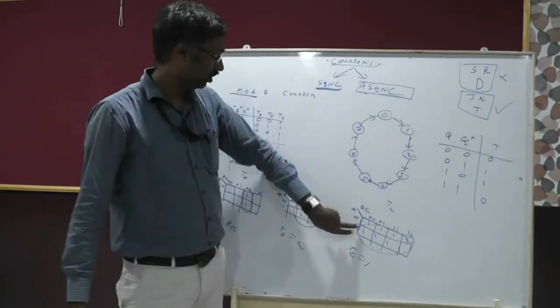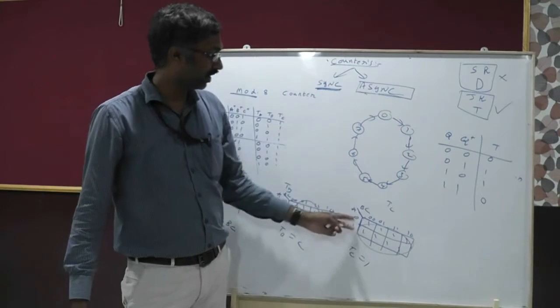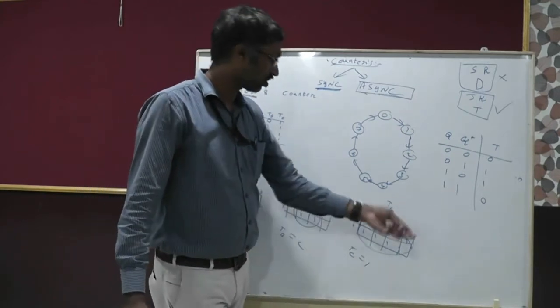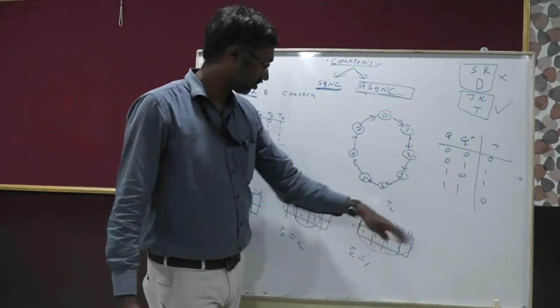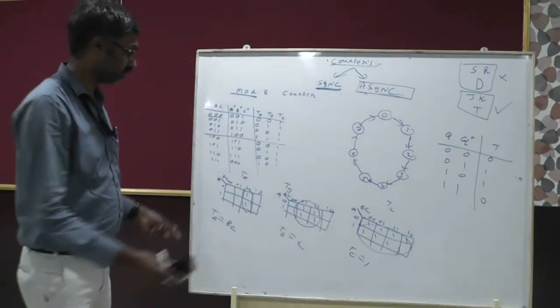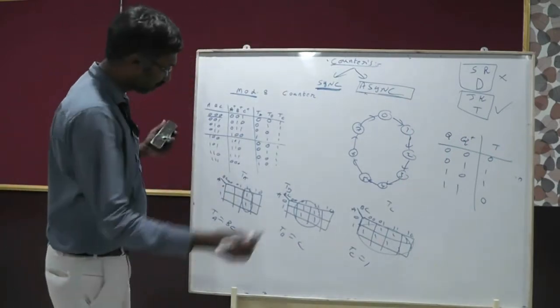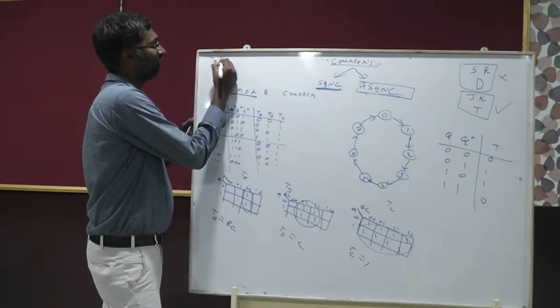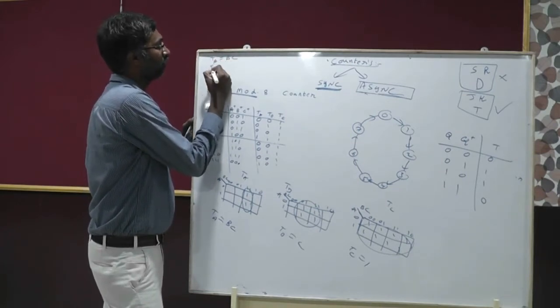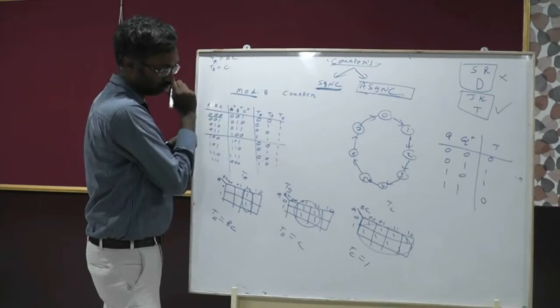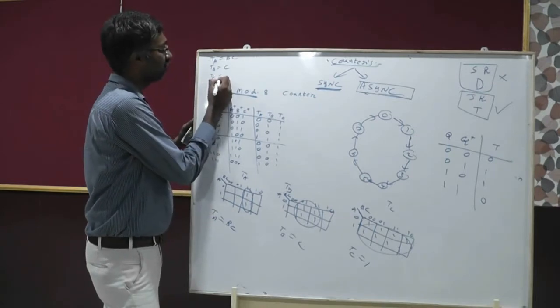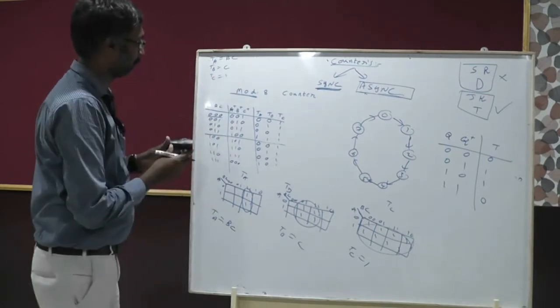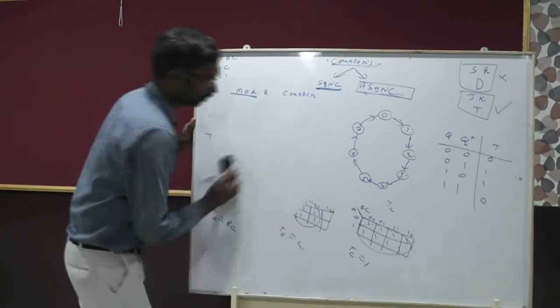For A, 0 and 1 will be cancelled. For B, 2 zeros and 2 ones will be cancelled. For C also, 2 zeros and 2 ones will be cancelled. Okay, so now we got the equations. I'm writing here. TA value is equal to BC. TB value will be equal to C. TC value will be equal to 1.